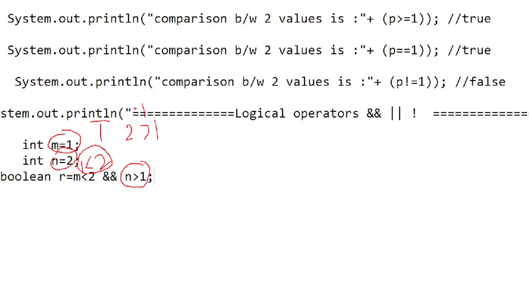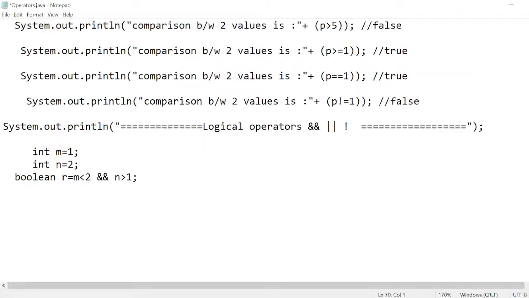If both are true, then according to the truth table, it will be true. So AND operator means if both are true, then obviously it will be true. Now in this case, you will get the value as true. I can take System.out.println.